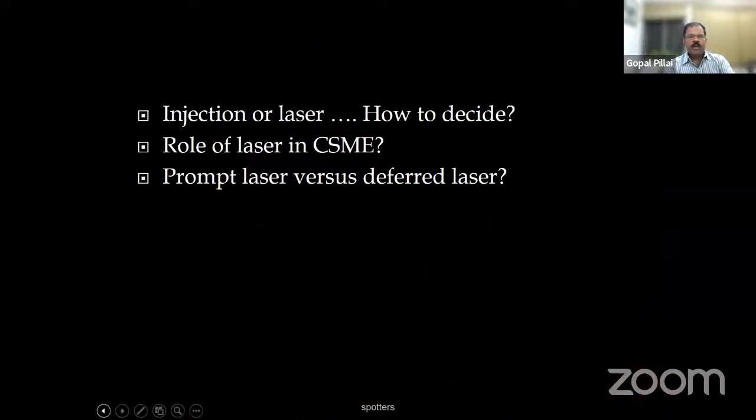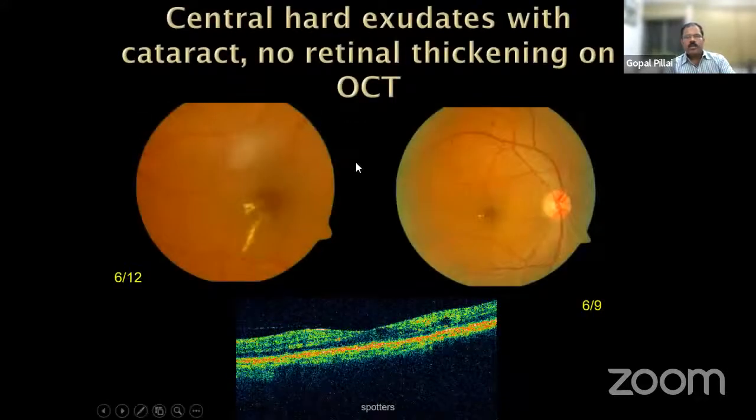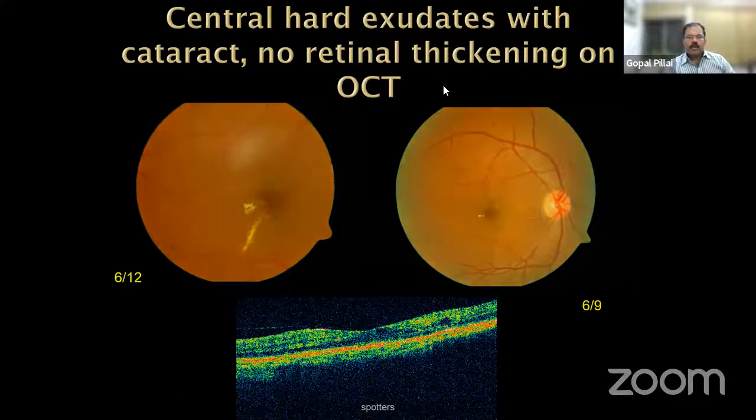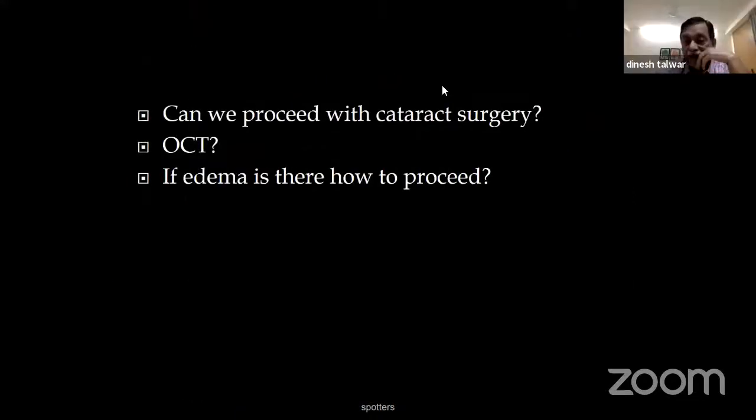So this was, I was basically asking injection or laser, how to decide the role of laser, prompt laser versus deferred laser. That will come in the next slide. So here is a case with a central hard exudate with cataract with a vision of 6/12, not much macular edema though, and no retinal thickening on OCT. Here you can see moderate NPDR.